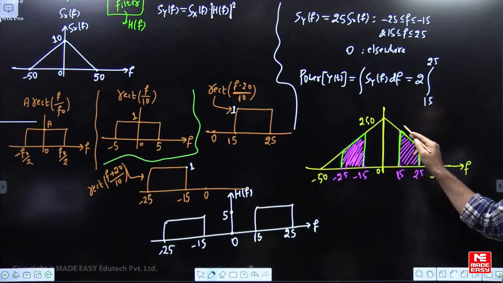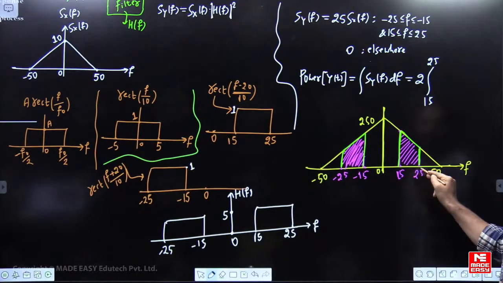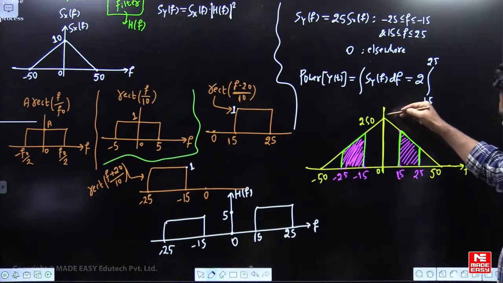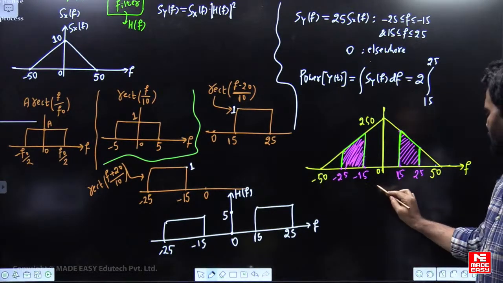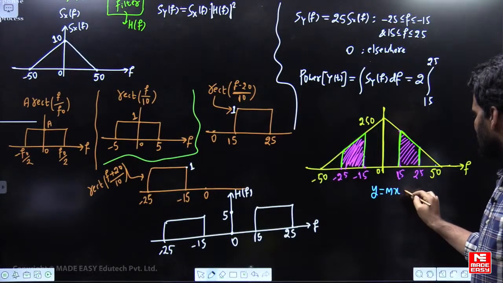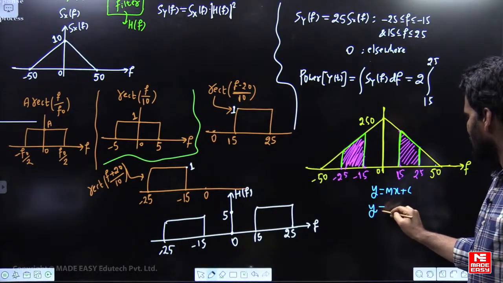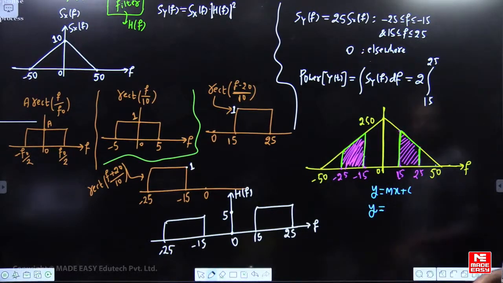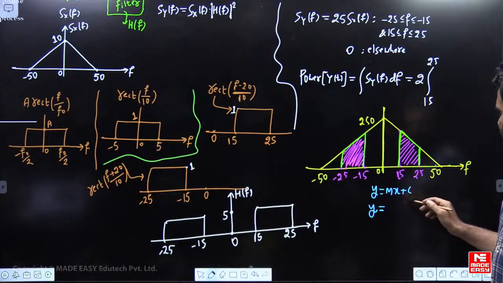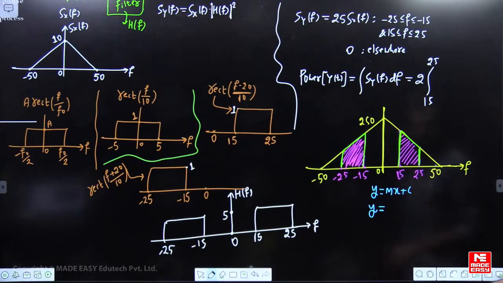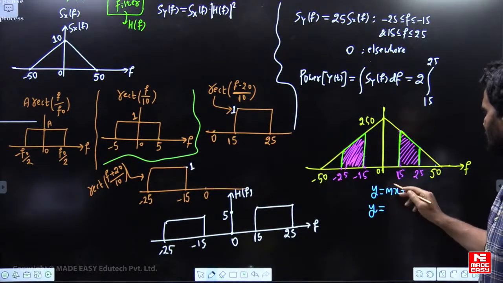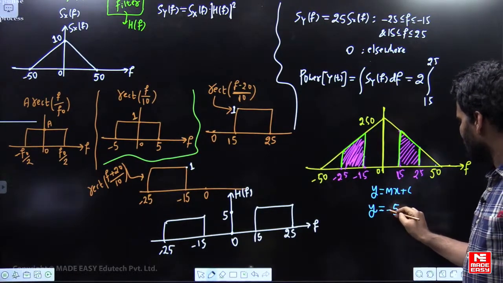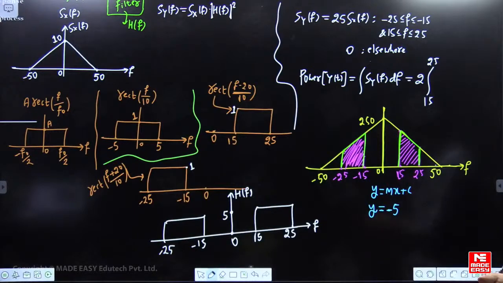Let's try to get this line equation, and once we have it, let's find the area under this in the interval 15 to 25. So y is equal to mx plus c. The y axis variable is of course Sy of f only. And what is the slope of this? Change in y axis upon change in x axis. So this is 250 upon 50, that is 5, but this is minus 5. Decreasing means negative slope, as you can expect.